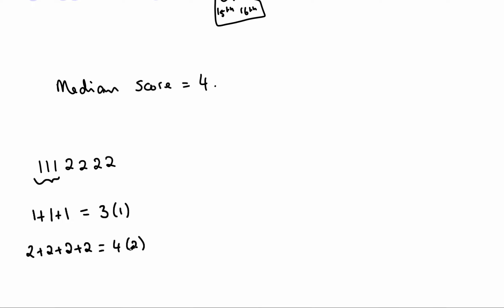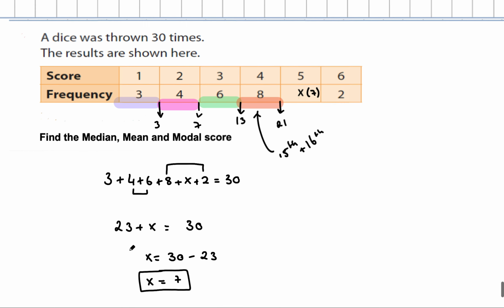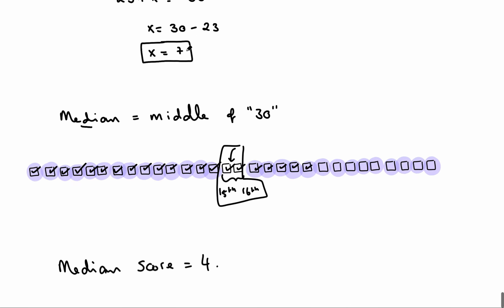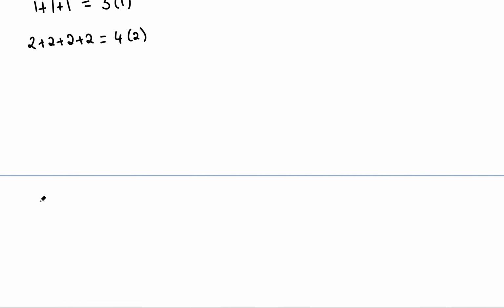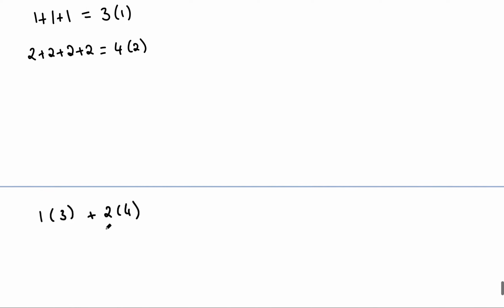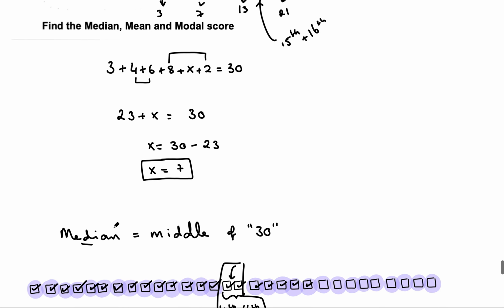So 4 times 2. And I can do that for each number in the frequency table, and then I know already that the total number was 30. Okay, so I'm going to do that then for each one. So I'm going to have 1 by 3 plus 2 by 4. And it does not matter whether you say 4 by 2 or 2 by 4. It doesn't matter with multiplication.